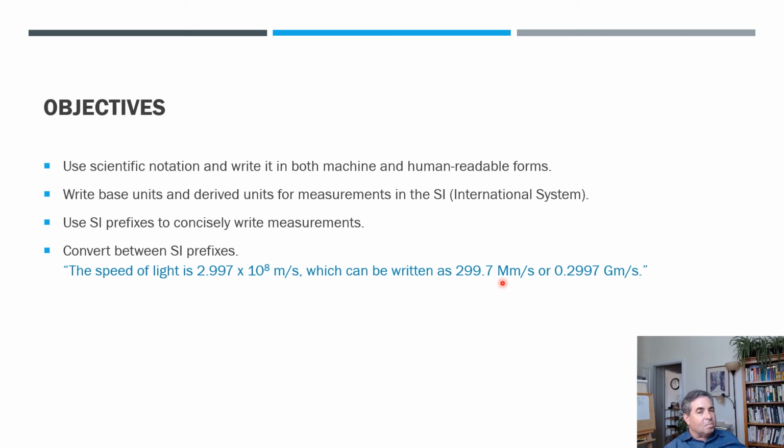Here's a prefix mega, capital M, which means a million. And here's a prefix giga, capital G, which means a billion. And I could write it either way, and if other people write it either way, I can recognize they're both really the same number.